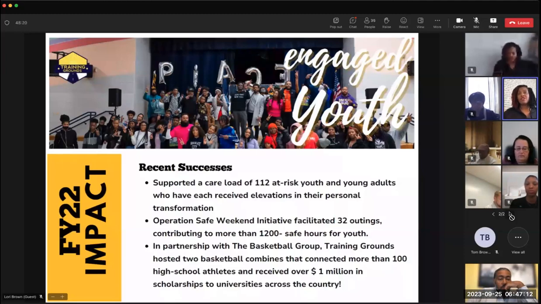Our Operation Safe Weekend initiative facilitated 32 outings. So Operation Safe Weekends was an initiative established about 5 years ago, and it was built in response to a need to create safe and productive experiences for young people inside of our targeted communities to spend time in during nights and weekends where they were more susceptible to engaging in risky behavior.